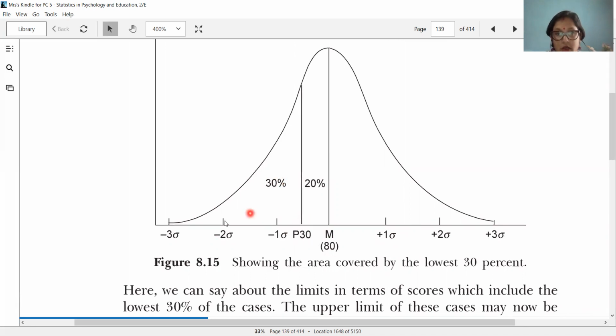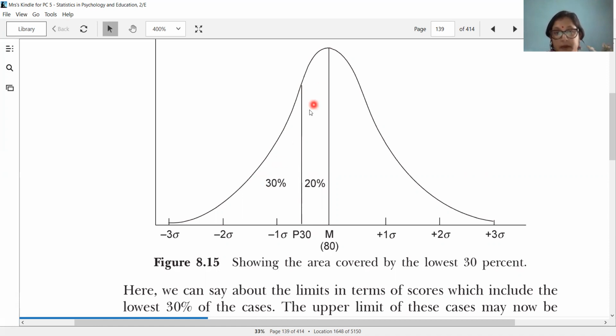Below which 30% of the cases lie. So here we found out the sigma value as 0.525 sigma on the left side of the mean, for 20% of the cases, which we found out by subtracting 30 from 50%.